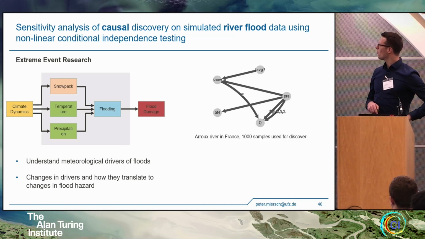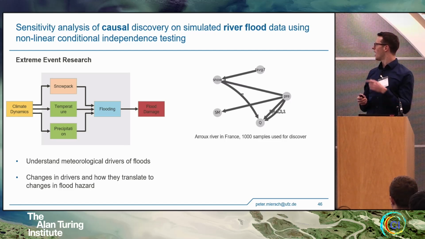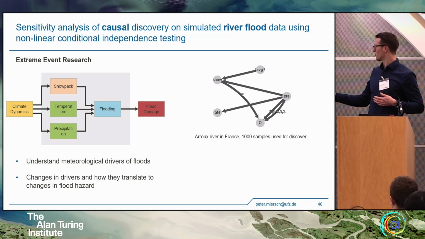And the goal of what I want to get is something like this causal graph. It's an example where each of the nodes represents one of my meteorological driver variables, and the arrows, the edges, are causal links, where I have a causal driver that, for example, snowmelt drives discharge, here with Q, in this catchment.